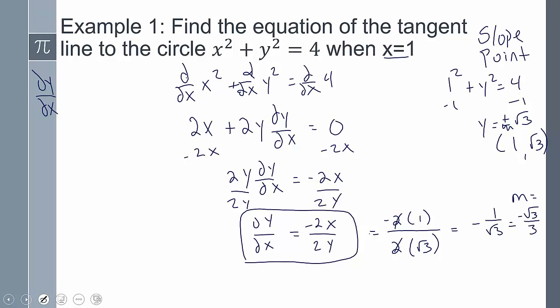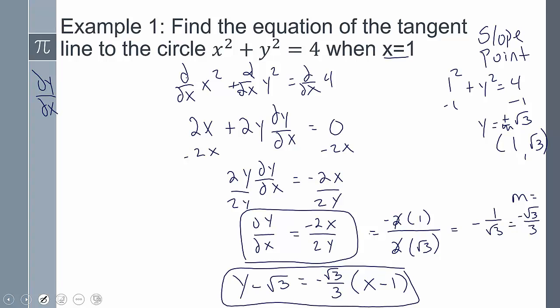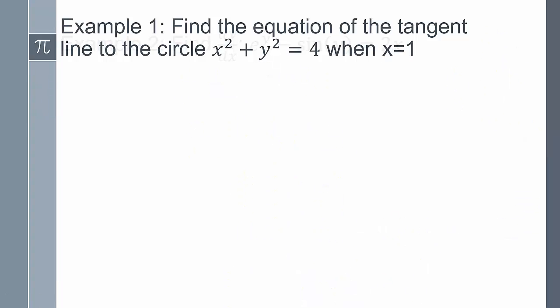That is my slope. So now finding the equation, y minus y1 equals m times x minus x1. And so I now have an equation of the tangent line.